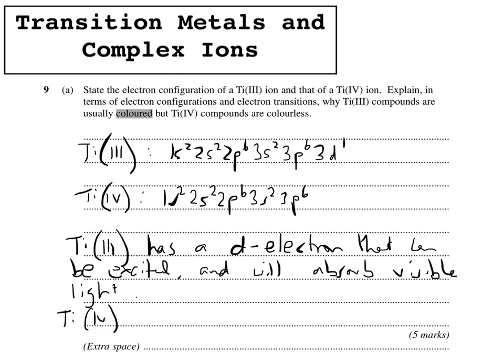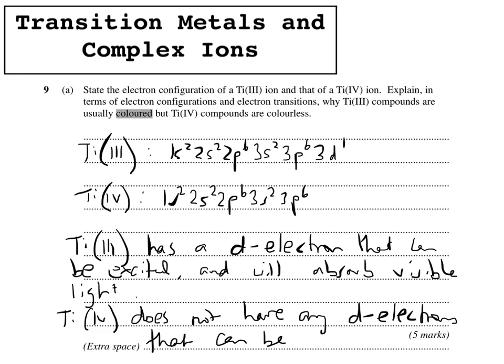Ti4+, however, does not have any d electrons that can be promoted, and so does not absorb any visible light, and therefore does not have a colour.